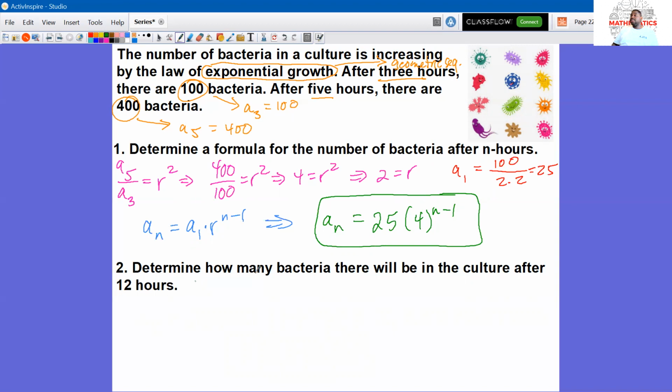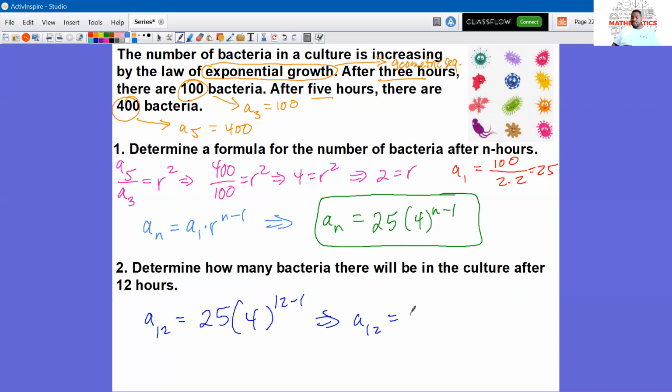And then part 2 says, determine how many bacteria will be in the culture after 12 hours. So we're looking for A12. So A12 is 25 times 2 to the 12 minus 1 power. So after 12 hours, a lot of bacteria. Okay, that's a lot of bacteria.